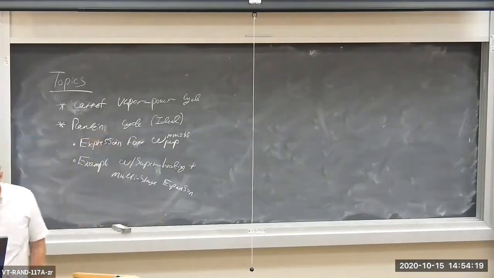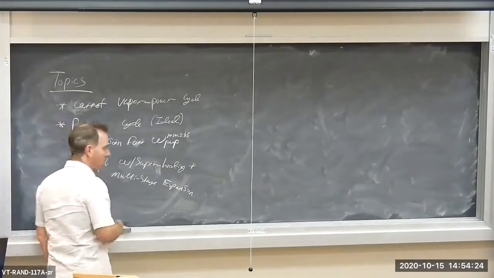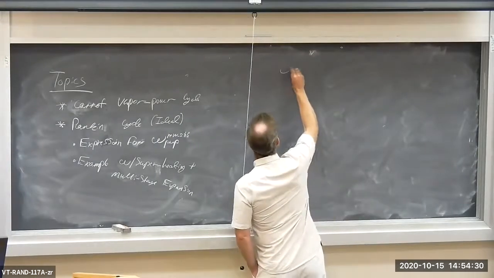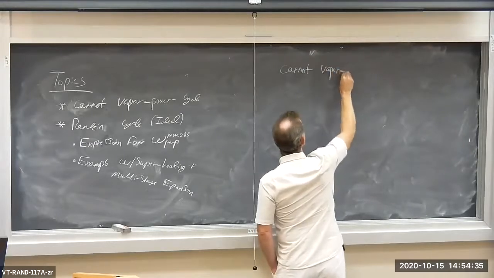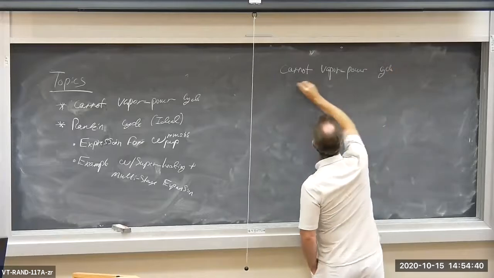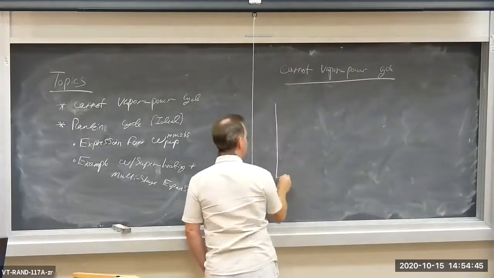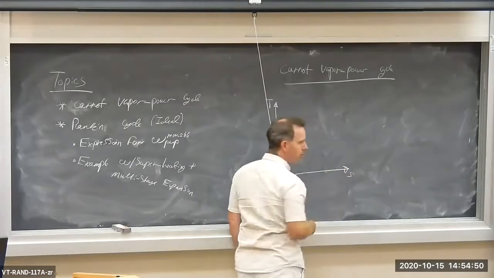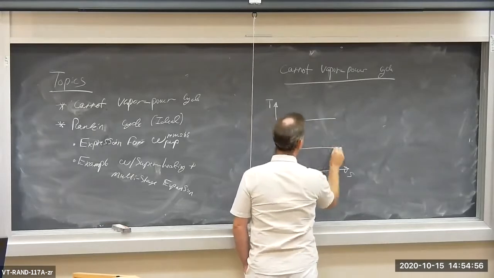Let's talk about the simplest vapor power cycle we can think of, which is the Carnot cycle operating inside the saturation dome. So the Carnot vapor power cycle. So you remember the Carnot cycle, you have the TS diagram right here. The Carnot cycle involved two isothermal and two isentropic processes. So it looks just like a box or a rectangle.